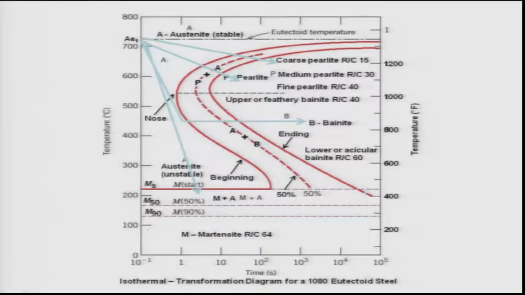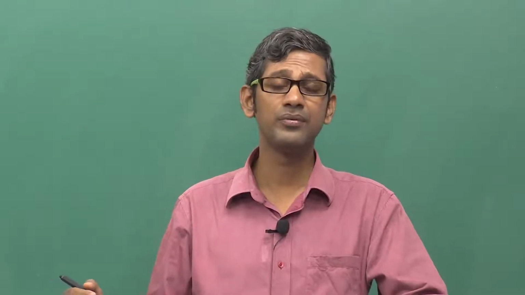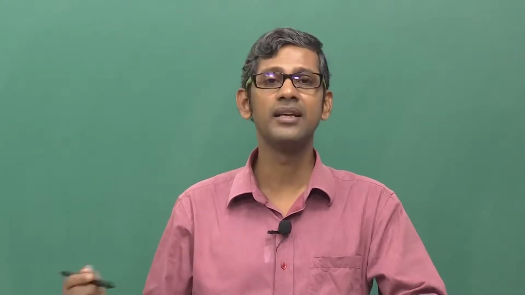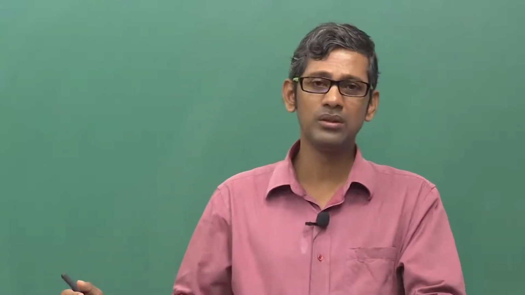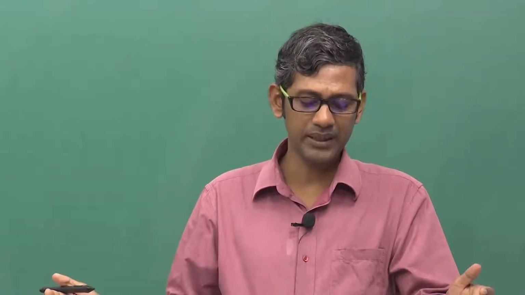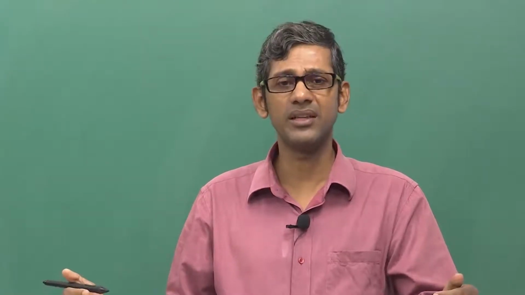And so these three temperature lines tell you, for the 1080 steel, how much percentage of martensite you can form, and then the remaining will be retained austenite. Obviously, retained austenite is not a good phase along with martensite, and that needs to be transformed later. So that means, depending on the temperature to which I can cool, if I quench to a hot oil bath which is kept at about 200 degrees Celsius, only 20% or 25% martensite will form.